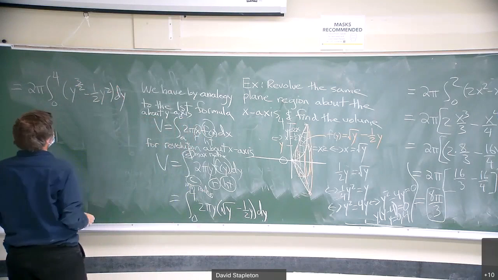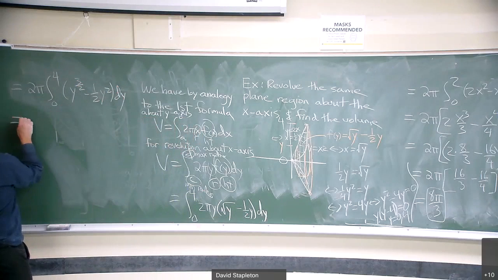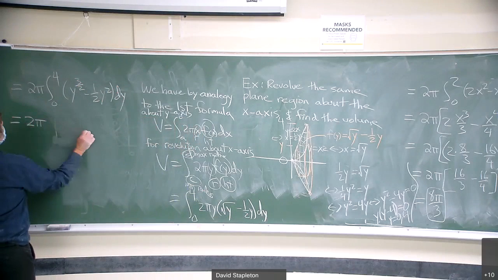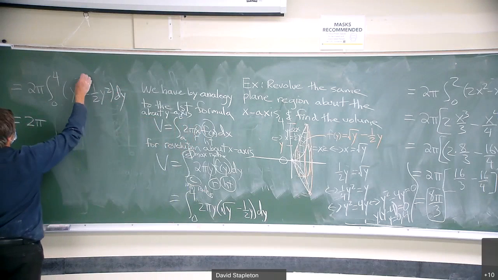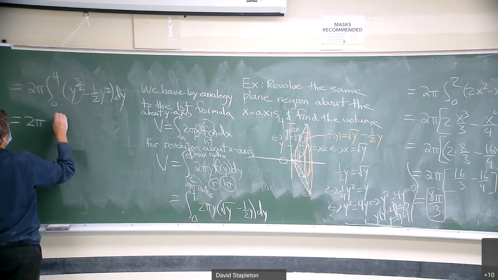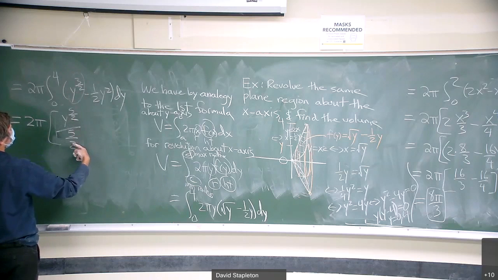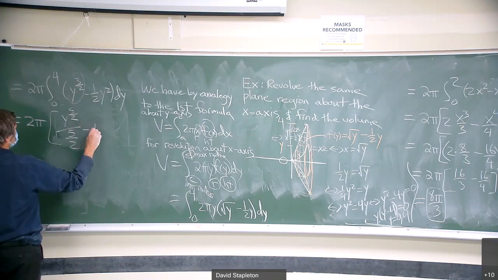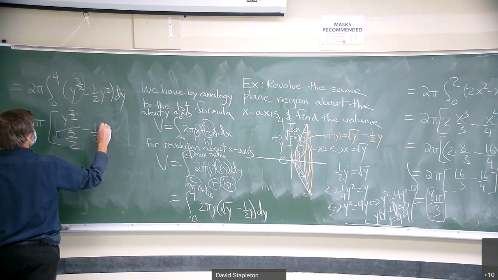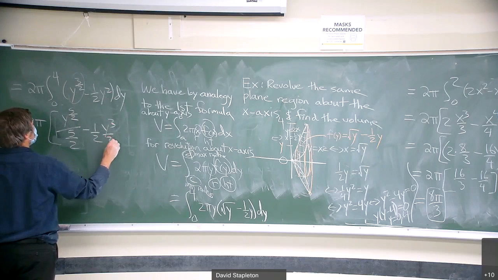Now we see how to do it, right? The integral of the difference is the difference of the integrals. When we integrate y to the 3/2, we get y to the 5/2 over 5/2 by the power rule, right? y to the n goes to y to the n plus 1 over n plus 1. Then there's minus 1/2 multiplying the integral of y squared, which gives me y cubed.